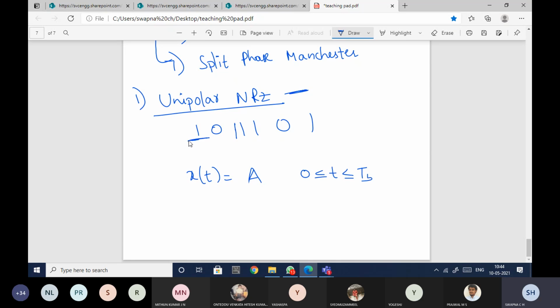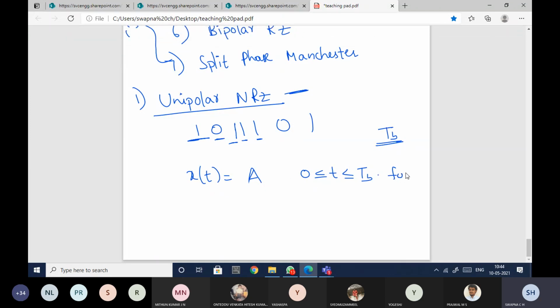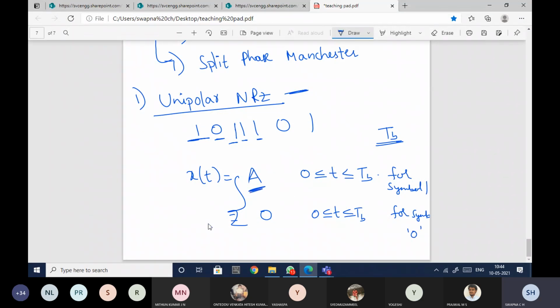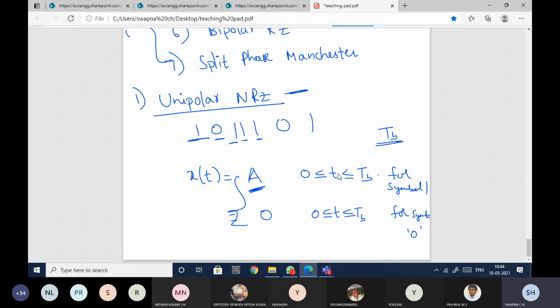Each bit will have a time duration of TB. So it will be A from 0 to TB for symbol 1, and for symbol 0, it will be 0 over the complete interval. For symbol 1 you have amplitude A throughout the duration, and for symbol 0 it is 0 throughout the duration.